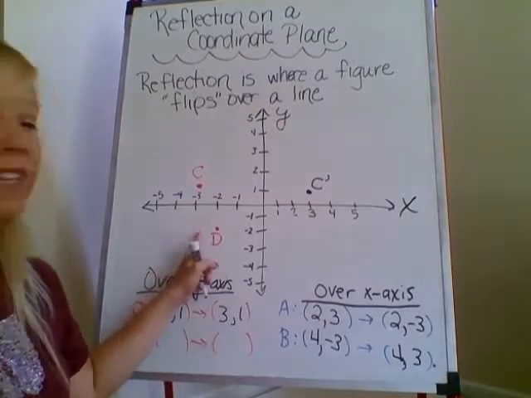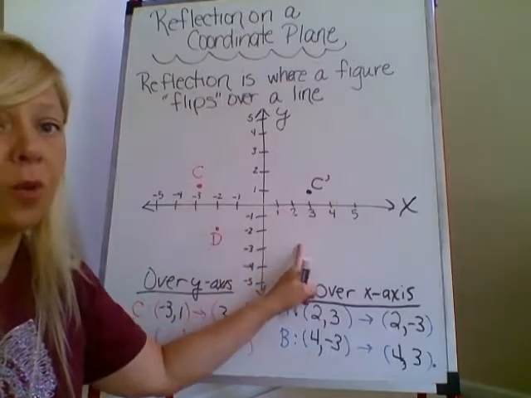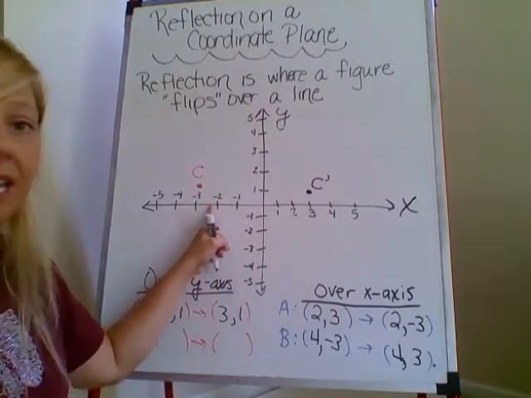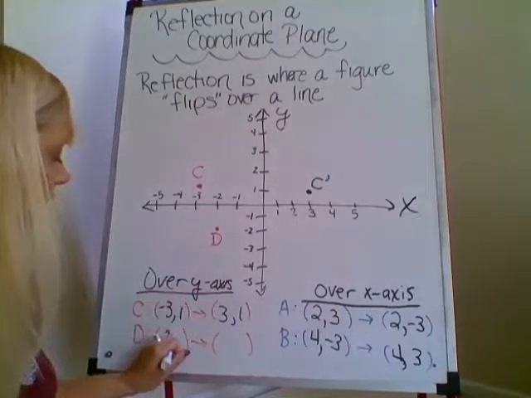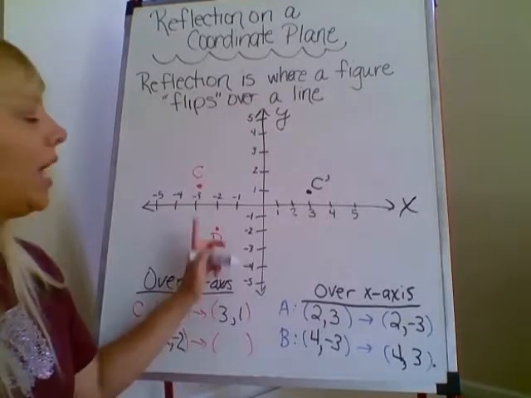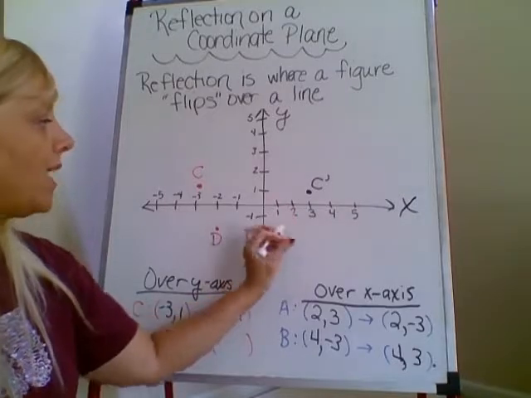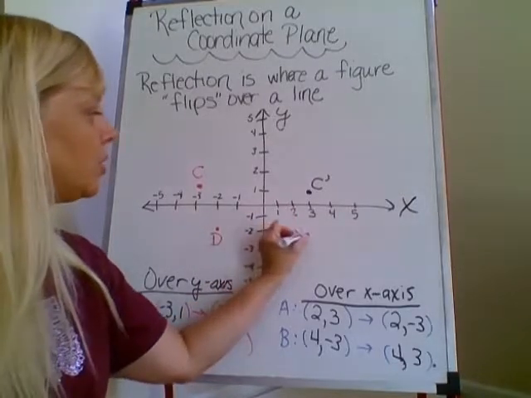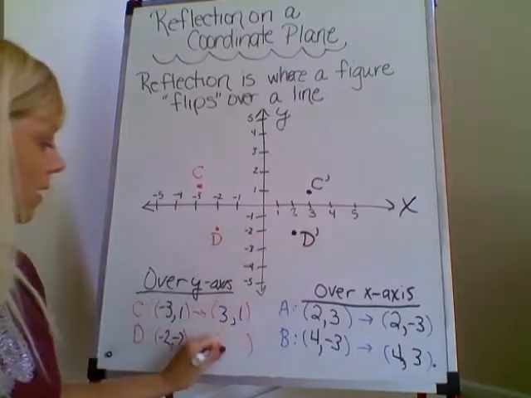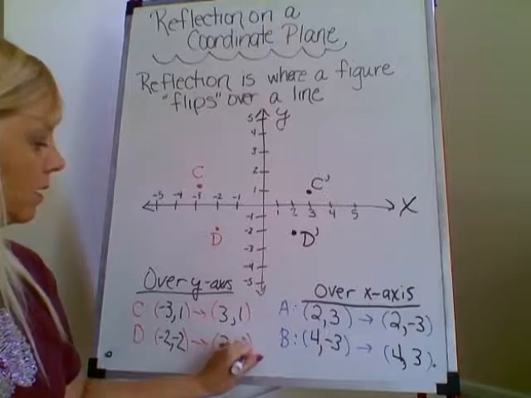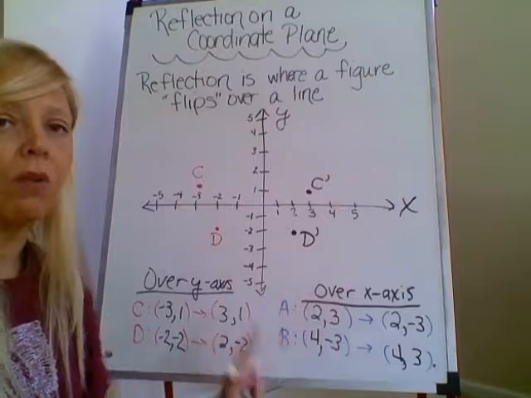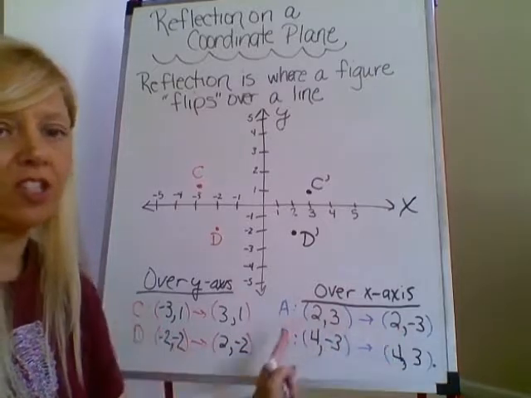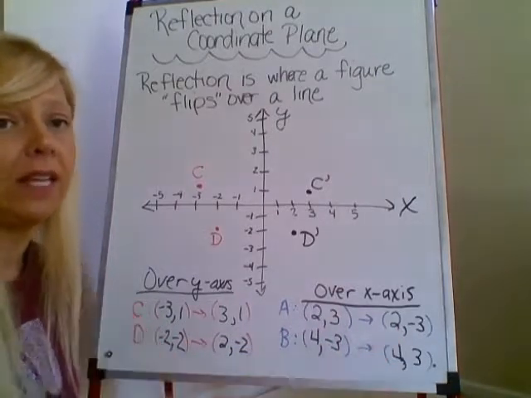All right, and if we take D and reflect it over the y-axis, right now D is at -2, -2. So we're going to mark that down here. And then when we reflect it over the y, it's going to be +2, -2. And just like in my x-axis, when I reflected, the y's changed to the opposite sign.